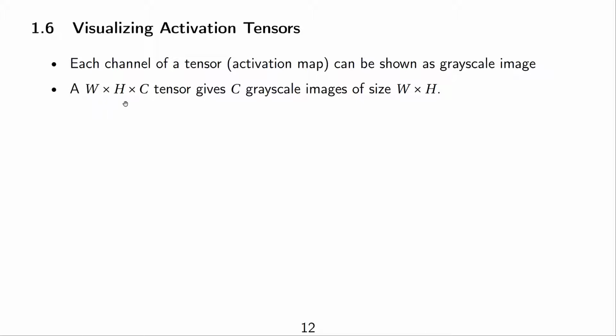So a width times height times C tensor would give C grayscale images, where C is the number of channels, and the size of each image would be width times height. And width times height here is typically much larger than width times height of a filter. So visualizing activation tensors as grayscale images might work out better.